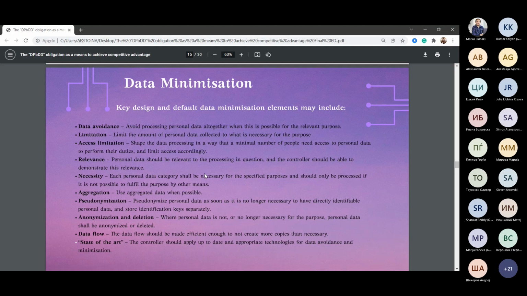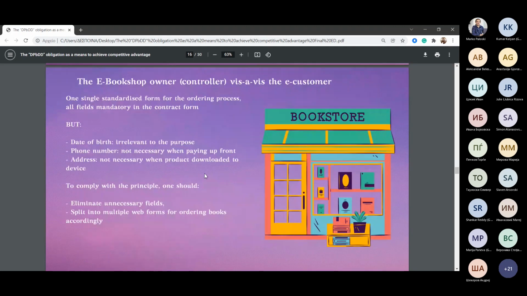So let's move on to some examples to get a clearer image of what we are referring to. We have the e-book shop owner, who is the controller, vis-a-vis the customer. And the e-book shop owner, the controller, provides one single standardized form for the ordering process, where all fields are mandatory in the contract form.